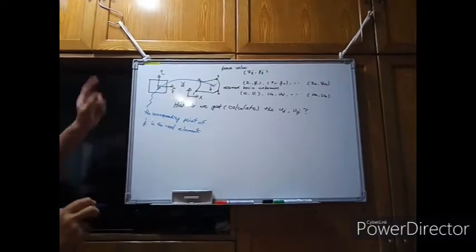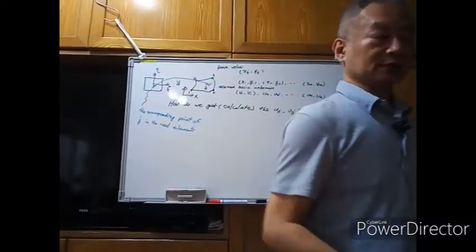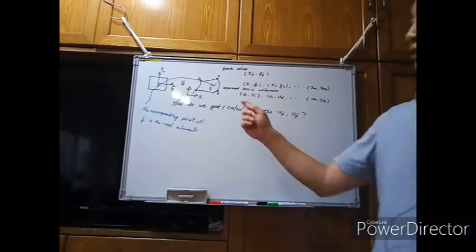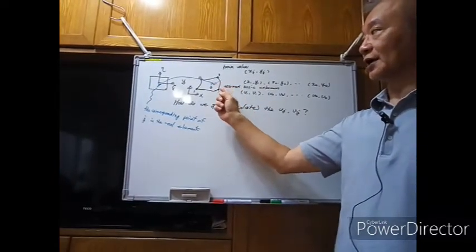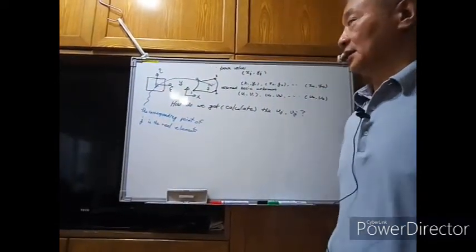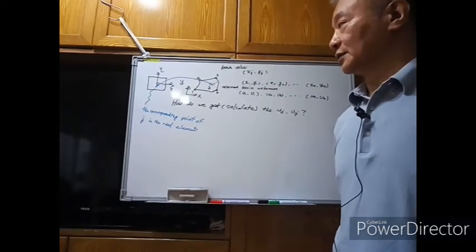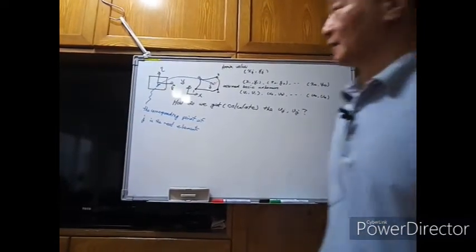Okay, first we need to find the corresponding point of the point J. The point J is the point in the real element. But how can we find the point in the masked element?